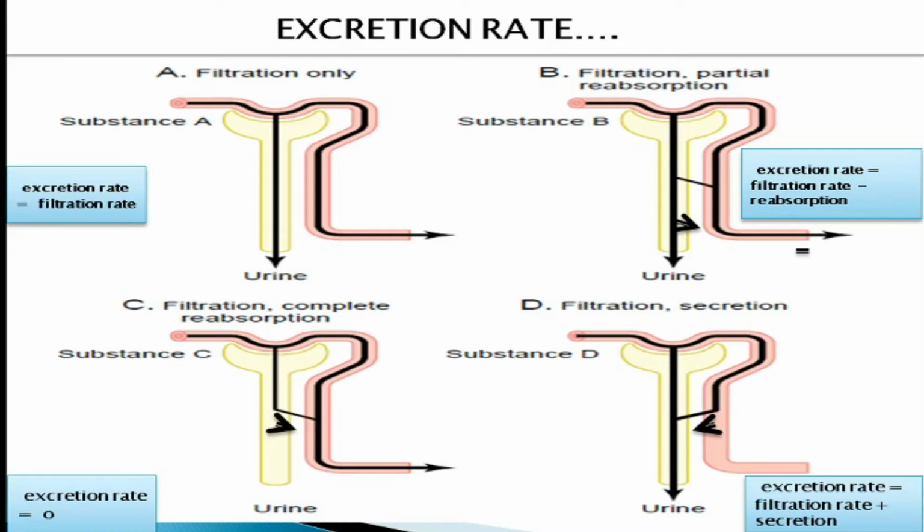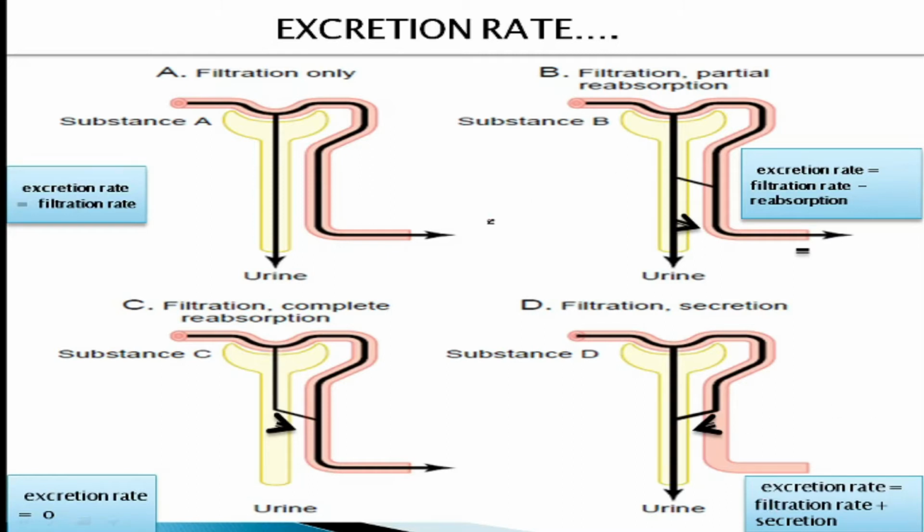So when a substance is filtered across the glomerulus, it appears in the tubular luminal fluid and some portion of it gets reabsorbed back into the peritubular capillaries. So the excretion rate of such a substance is equal to the filtration rate minus the portion which is reabsorbed.